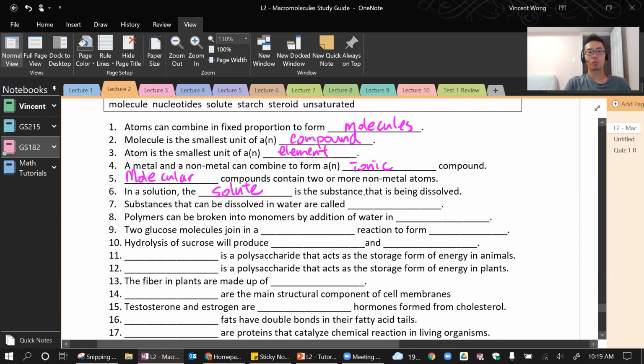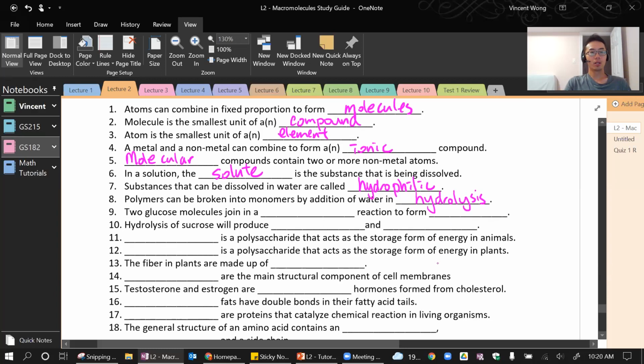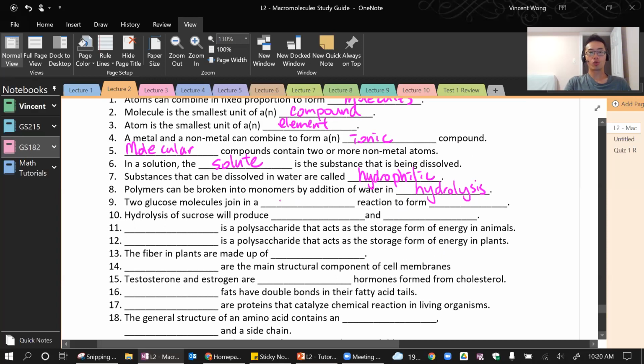Substances that can be dissolved in water are called hydrophilic. Polymers can be broken into monomers by addition of water in hydrolysis. Two glucose molecules join in a condensation reaction, or dehydration synthesis reaction, to form maltose.